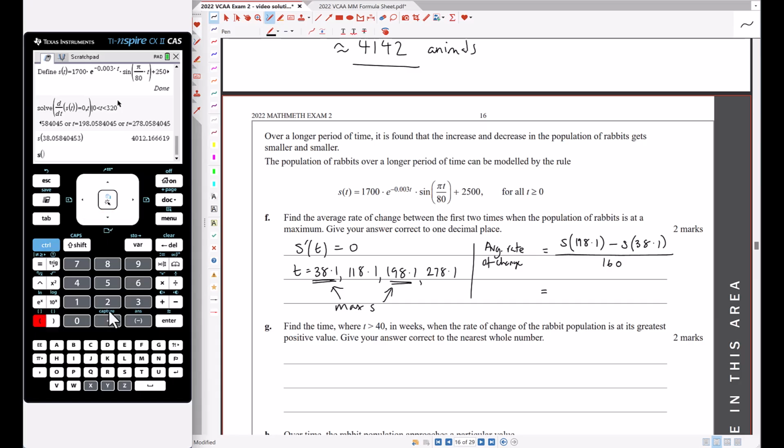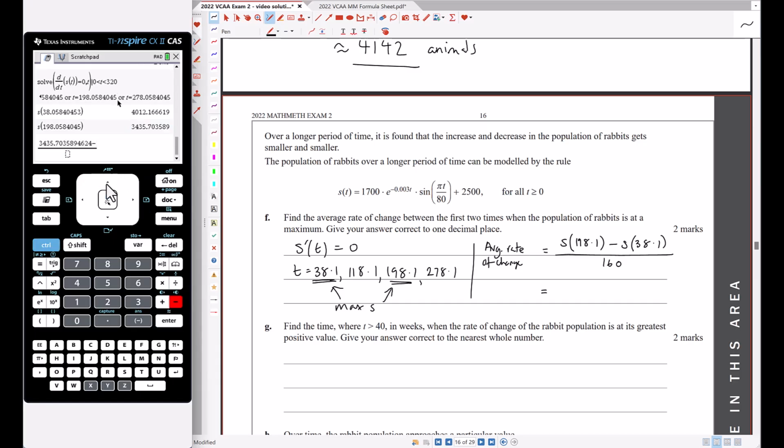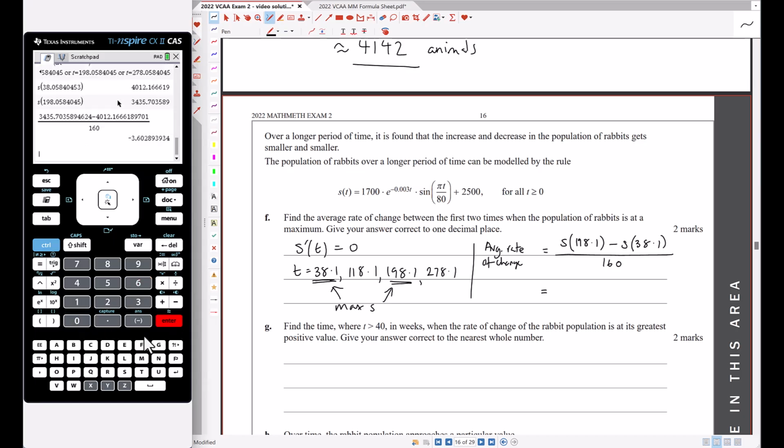S of 198.05840445. It's the same decimal. Okay, so the average rate of change is going to be that value minus that value over 160. And we want this to one decimal place, so it is negative 3.6 rabbits per week.